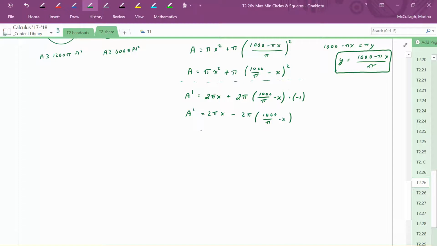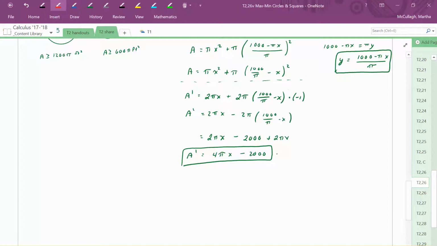Distributing that, I have A prime equals 2 pi x minus 2,000 plus 2 pi x, or A prime equals 4 pi x minus 2,000. Another important equation.